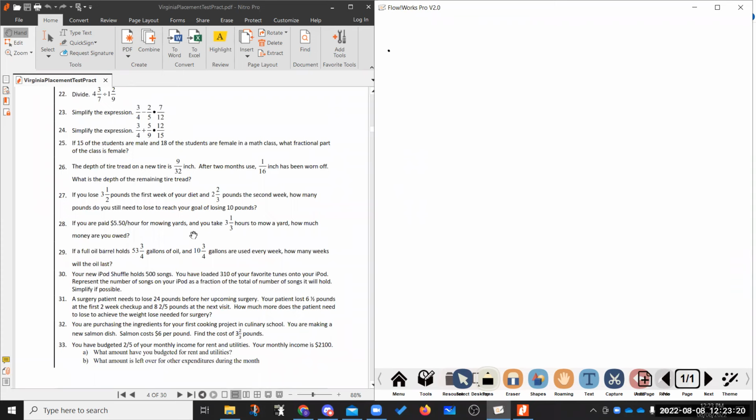Now we want to divide 4 3/7 by 1 2/9. So we're going to change these to improper fractions again. 28 plus 3 is 31. 9 plus 2 is 11.